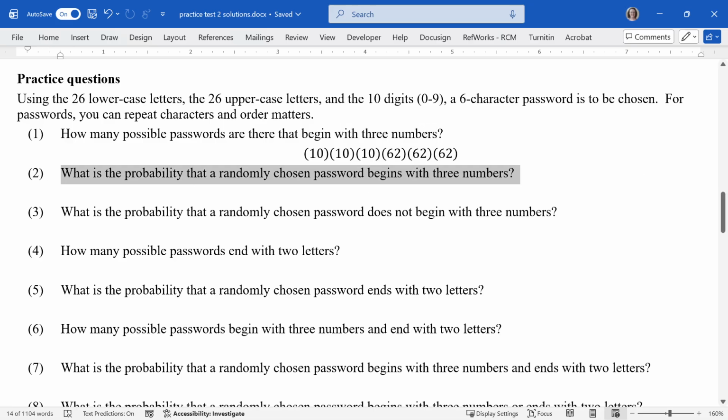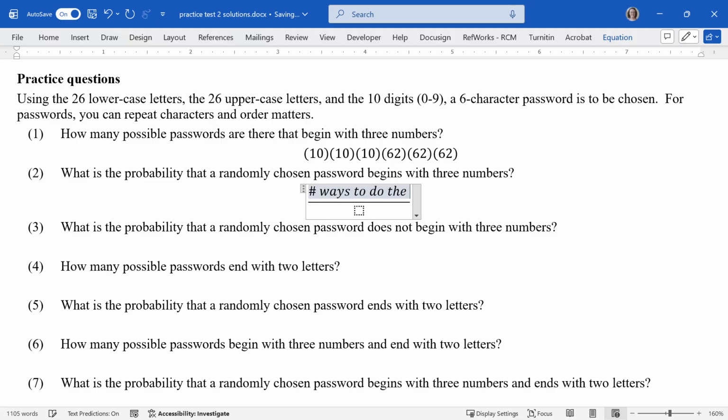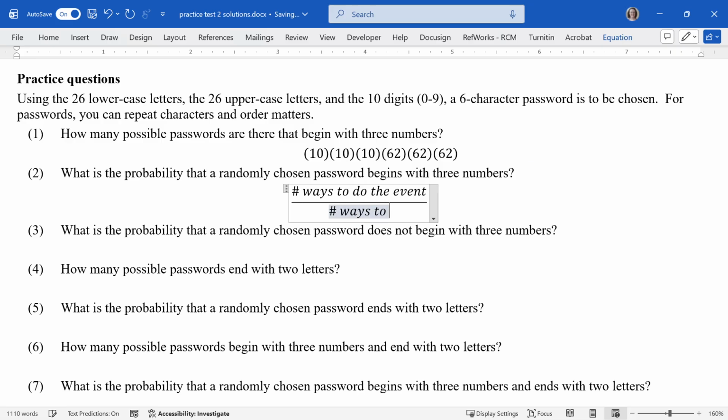Okay, now what is the probability that a randomly chosen password begins with 3 numbers? So for this question, I'm going to do the probability formula. So on top, I'm going to put number of ways to do the event, and on the bottom, number of ways to do the experiment.